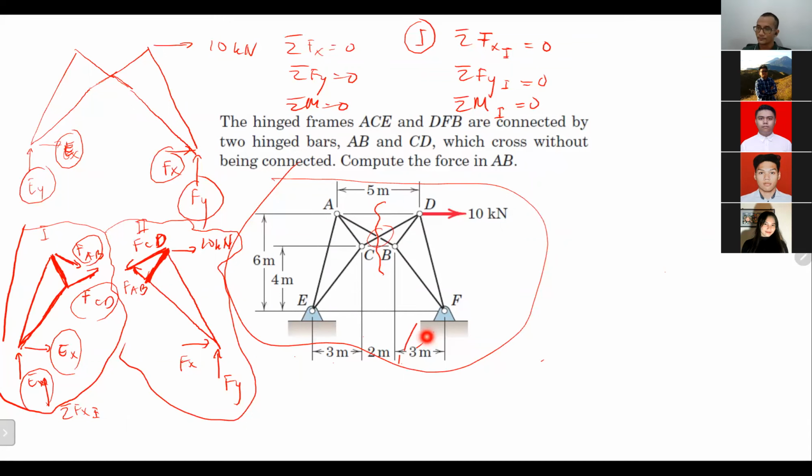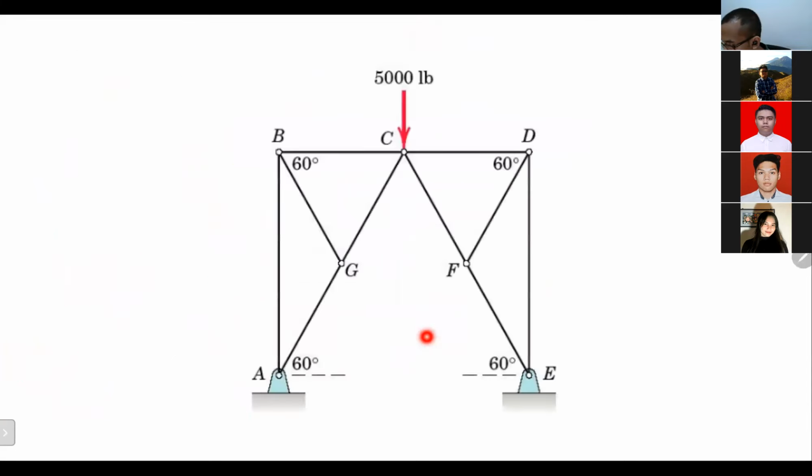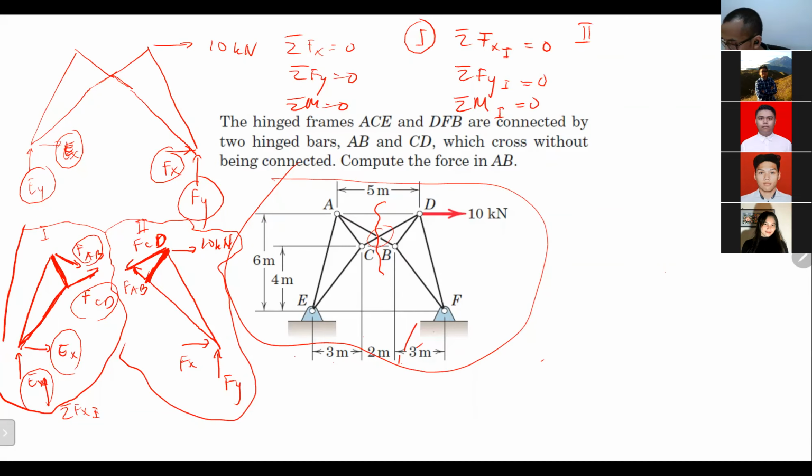Yes. Now take a look at the second free body diagram. How many unknowns do we have? 4 as well. How many equations do we have? 3 as well.